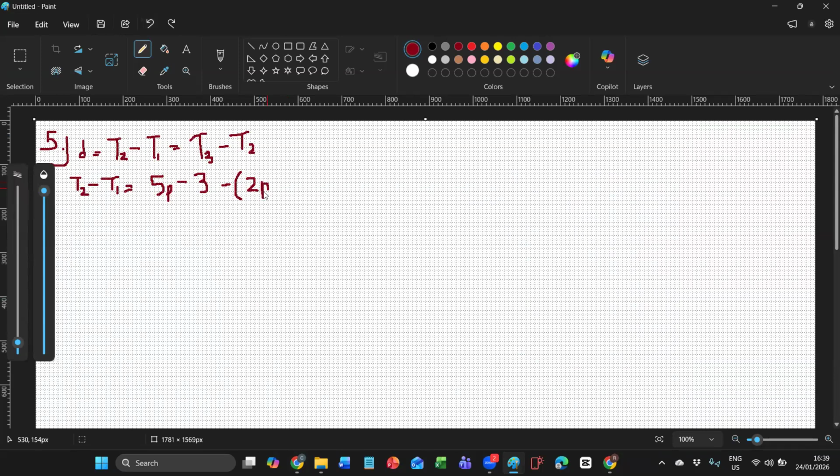So you know what will happen in this scenario, right? The minus will affect each of the terms in the bracket. So what do you think we'll have in this case?